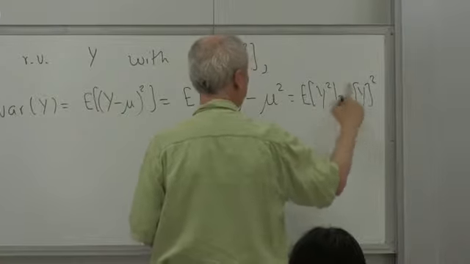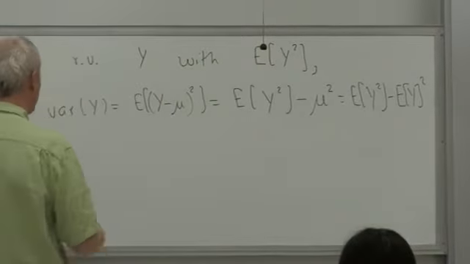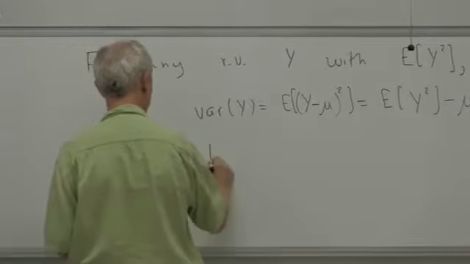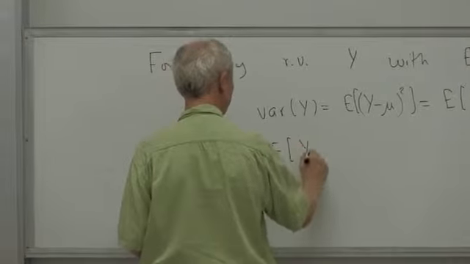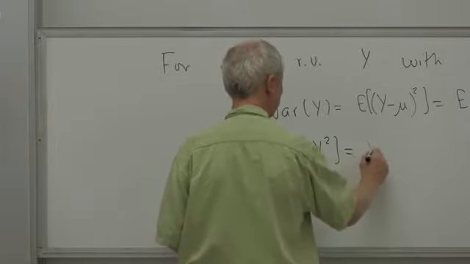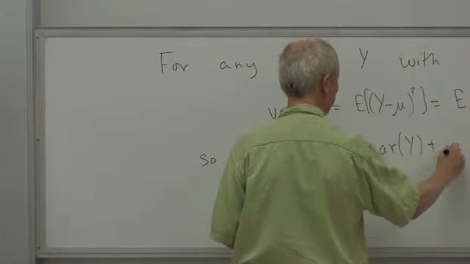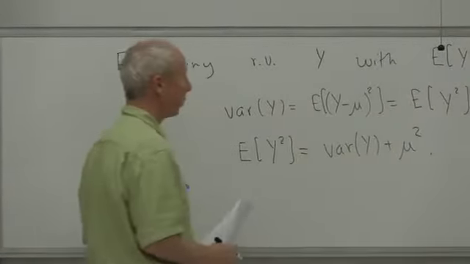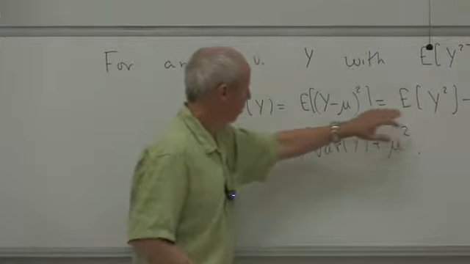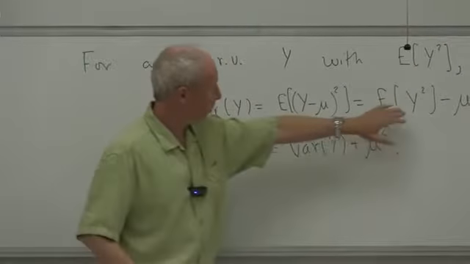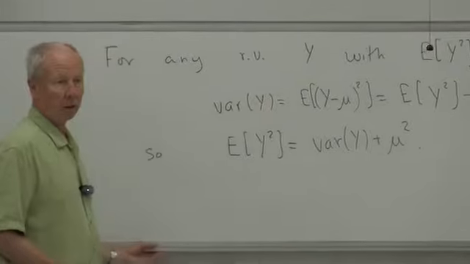Here the square is inside, there it's out. So the second moment of y is its variance plus its mean squared. Just solving between here and here for that quantity, right?